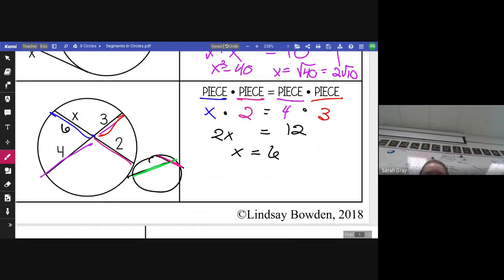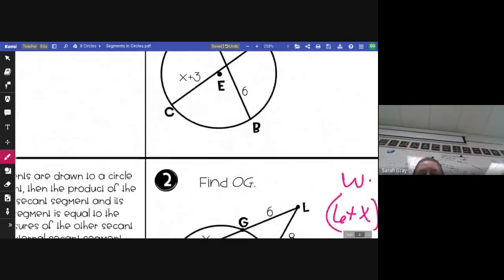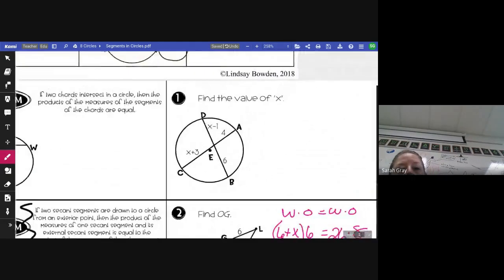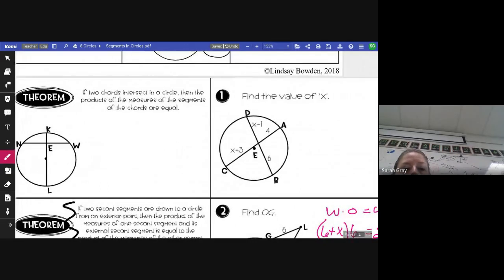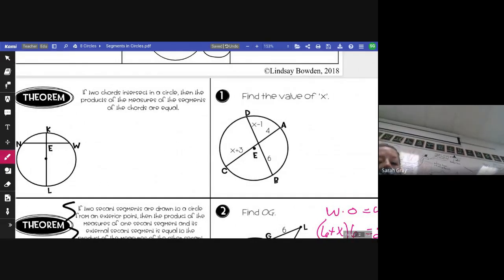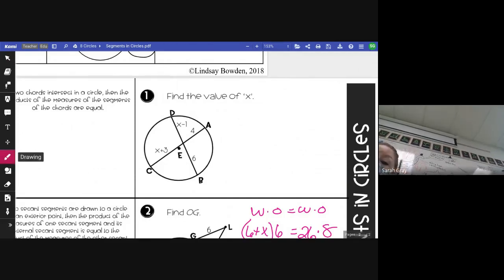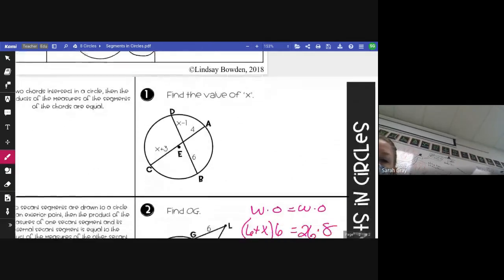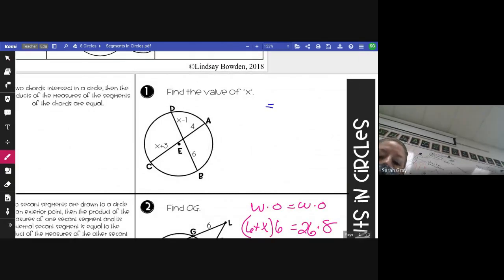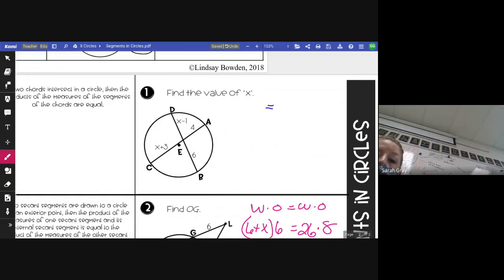Part times part. All right, let's scroll to number 1. So the first theorem on this page was that same thing. If 2 chords intersect, then the products of the segments of the chords are equal. So if we do dB first, what's my equation? Addie?